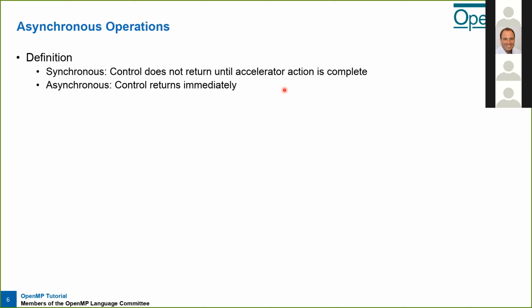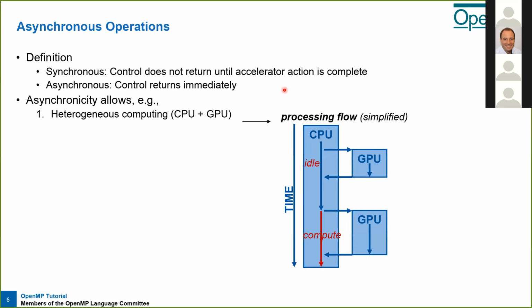So the launch is initiated, but it might take a while until data is there, until the kernel has been executed, and obviously until the kernel has been completed. So asynchronous device capabilities allow you to really make use of both devices.